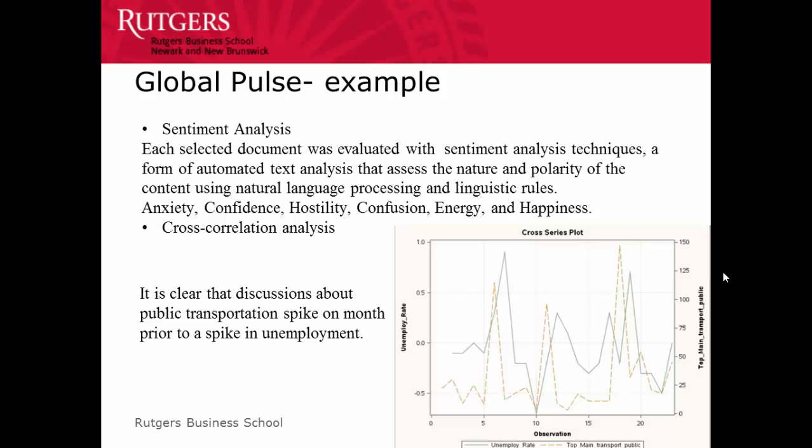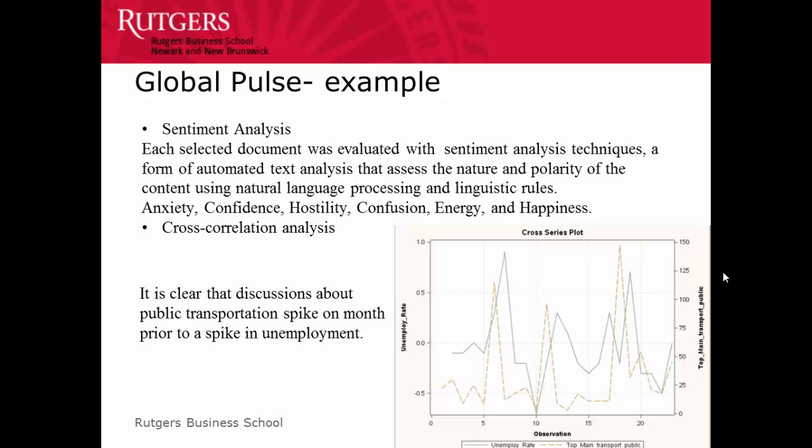But in this case, they didn't simply classify it into positive or negative. They have many categories like anxiety, confidence, hostility, confusion, energy, and happiness. Apparently, they are using a dictionary that they developed themselves.